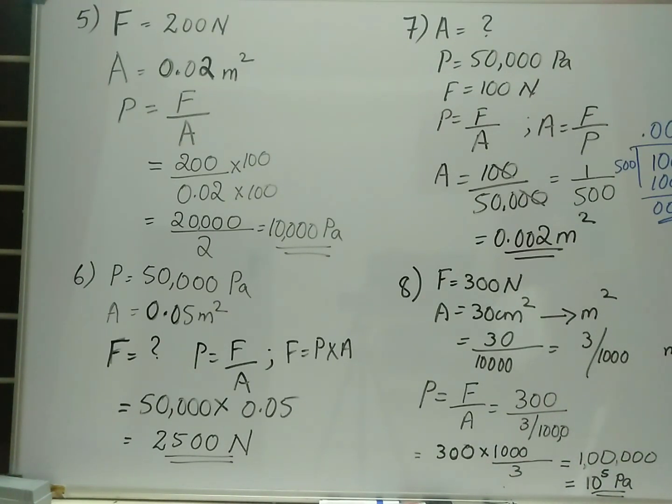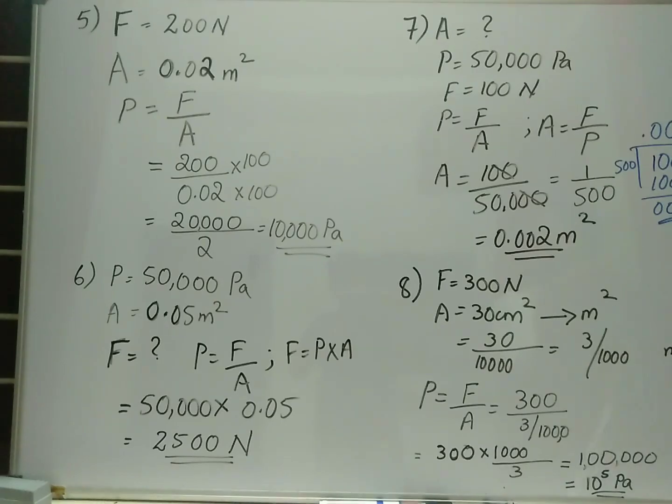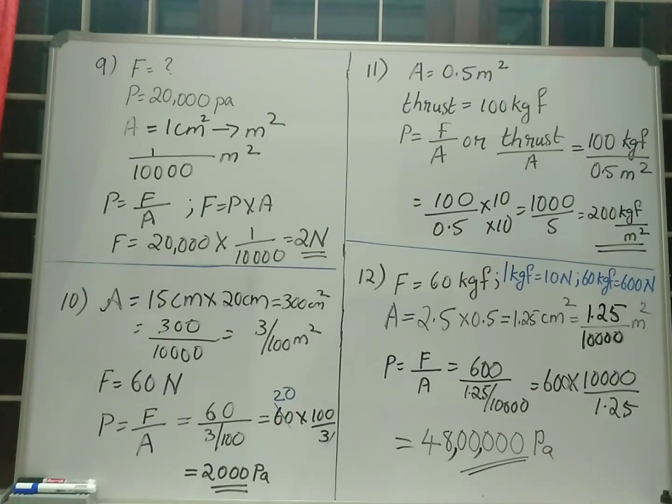We can take the reciprocal and change the symbol: 300 into 1000 by 3. 3 and 300 will get cancelled. How many 3s are there in 300? You will get 100. 100 into 1000, you will get 1 lakh. 1 lakh Pascal. Either we can write 1 lakh Pascal, or as a power of 10, 10 raised to 5 Pascal.